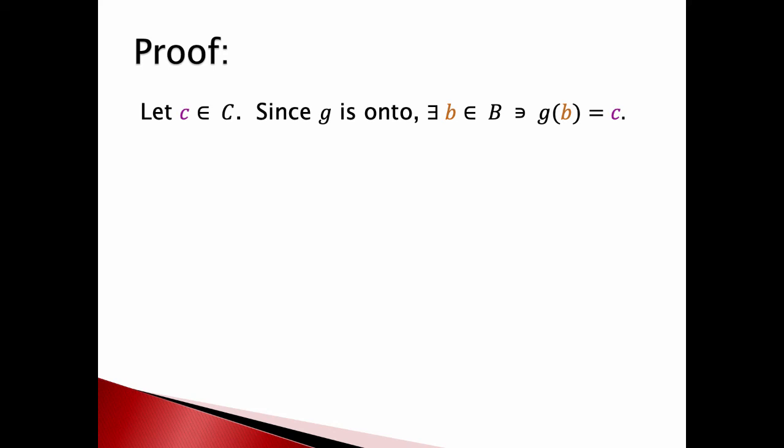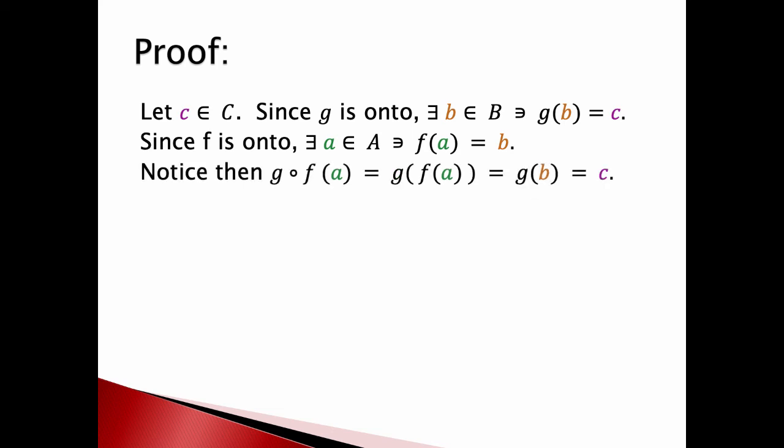So g of this little b is equal to our little c. But of course, f was onto, so there's an a back in the set A so that f of a maps to that b. Now when you look at the composition, a will get mapped by f to b, and that gets mapped by g to c. So, since my c was arbitrary, this composition has to be onto.